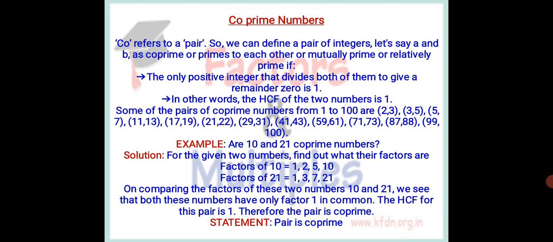A pair of integers, let's say A and B, are co-prime if the only positive integer that divides both the numbers to give a remainder zero is 1.